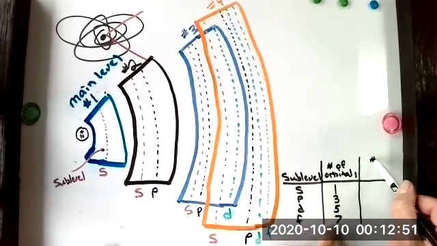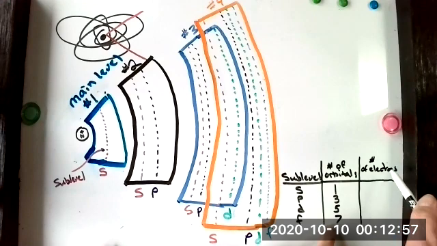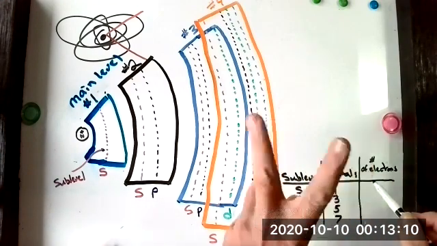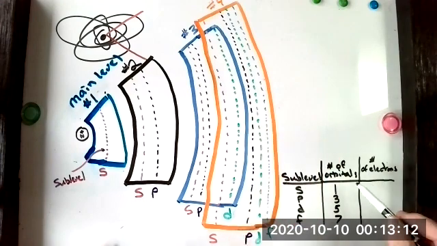That's your column 3, number of electrons. They found through all of their tests and experiments and applying a lot of math that you could only place 2 electrons per orbital. 2 electrons per orbital.